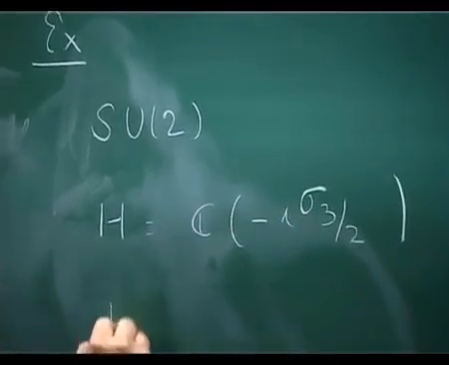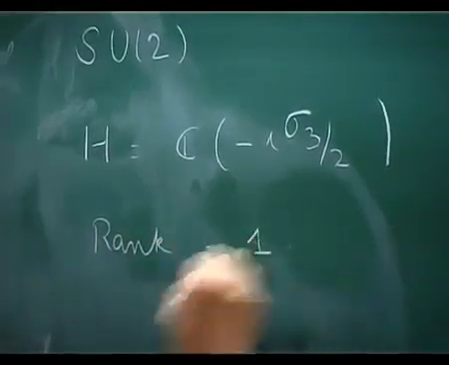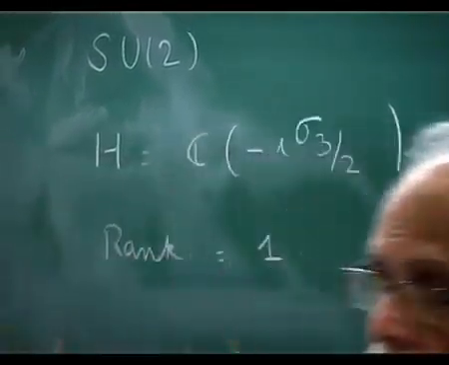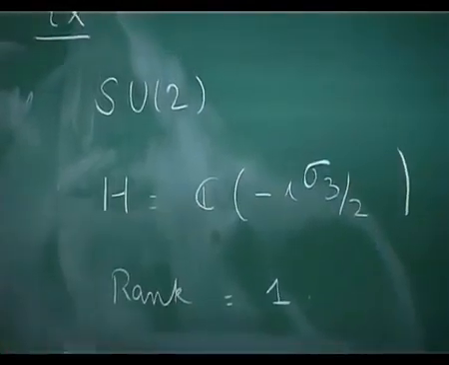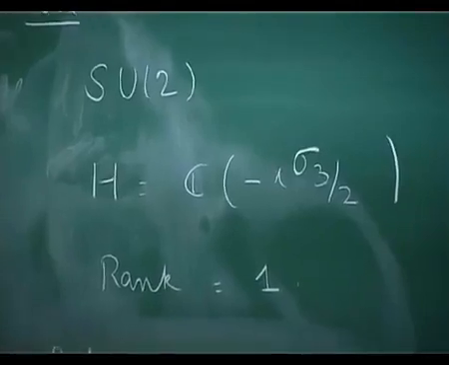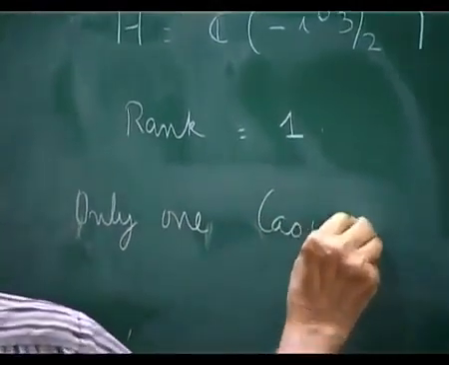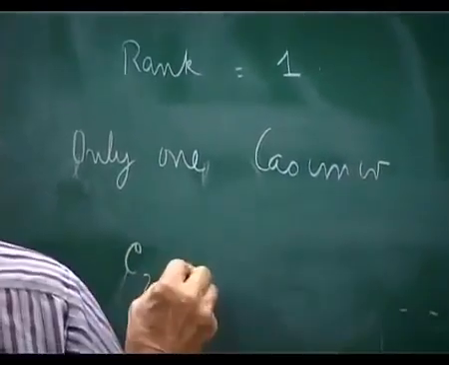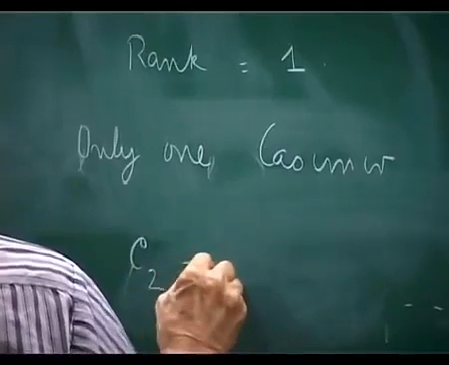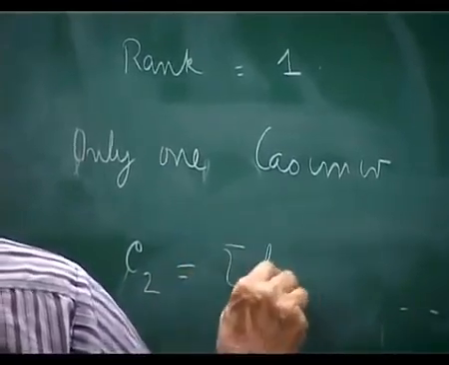So the rank is 1. So there is only one quadratic Casimir, C2, which we wrote. It is simply, well, the way I wrote it, L_i squared.